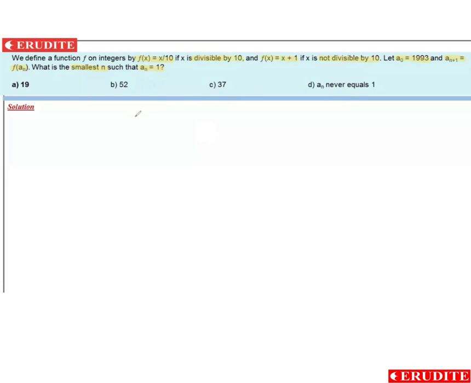All right, so value of a10 we got as 2. Now this 2 is not divisible by 10, so that means a11 would be 2 plus 1, that is 3. a12 would be 4, right?